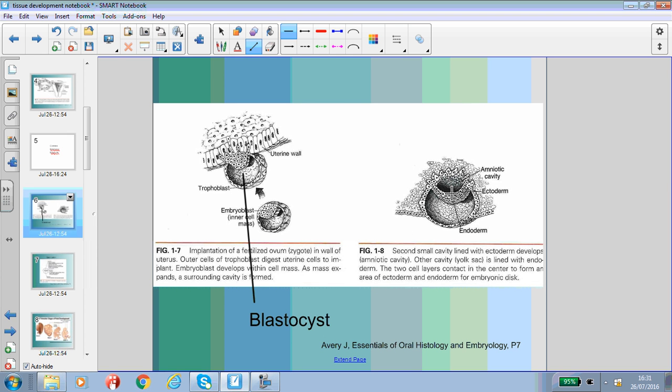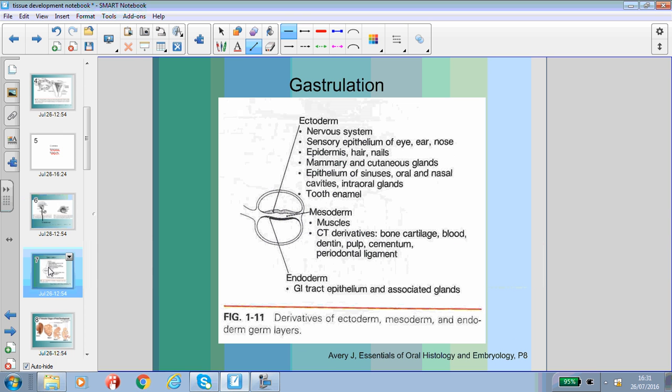However, the amniotic cavity has stayed where it was, because that's going to be used to develop the placental tissues. But the embryo itself has moved away. So we've got our stalk, which will be attached to the uterine wall, which will be around about here, and then we've got our disc.